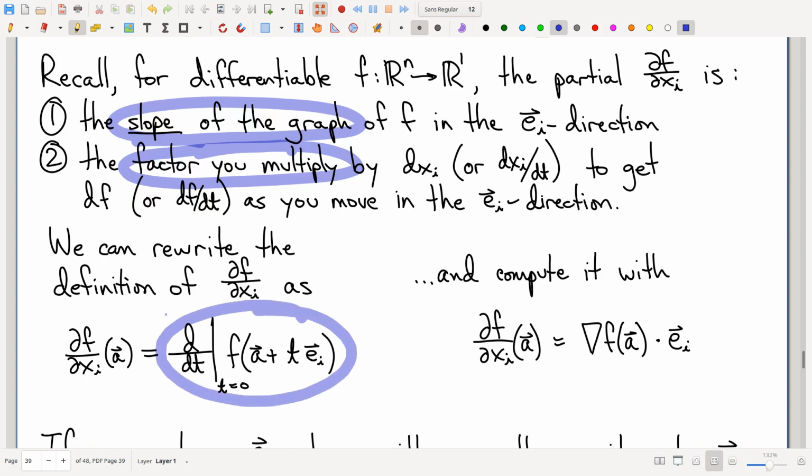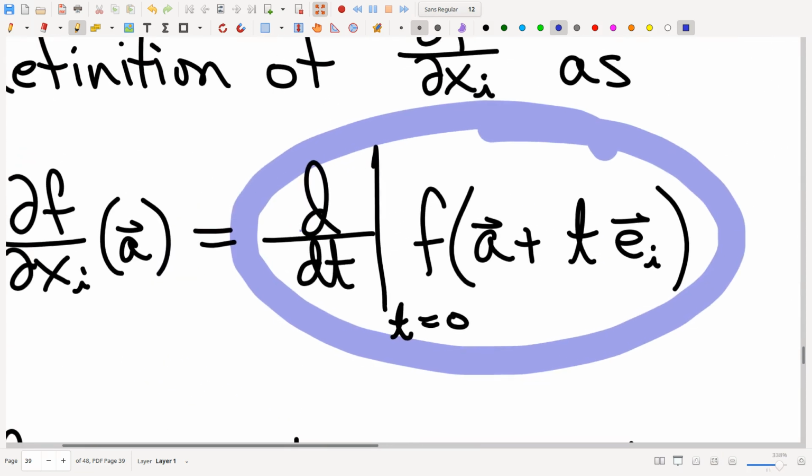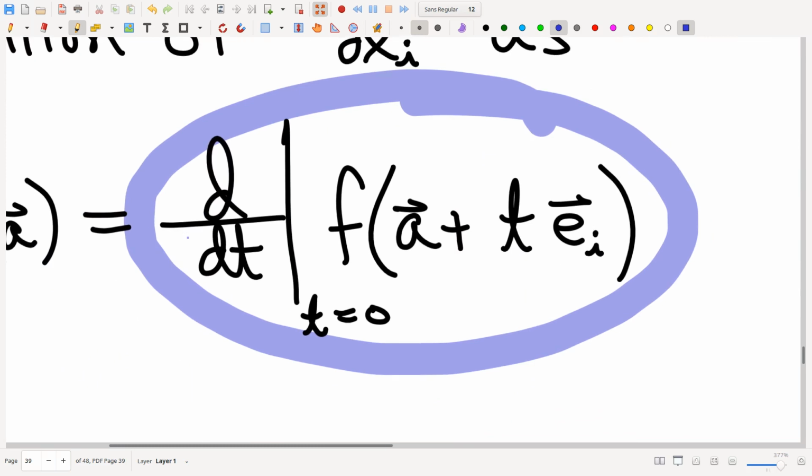this expression right here, if you look at it carefully, this says I'm at the point A and moving with velocity EI. In other words, this describes a scenario of being at a certain location and moving in a certain direction.